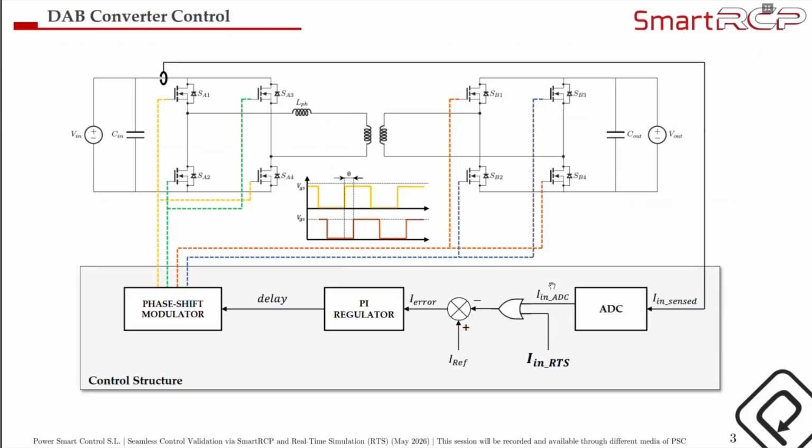So moving into the technical aspects, this slide shows you first the electrical diagram of the dual-active bridge, and also the control architecture that we are going to use today. It consists of a PI regulator whose function is to maintain a specific input current in the input port of the converter by modifying the phase shift between the triggering of the primary bridge and the secondary bridge of our converter.